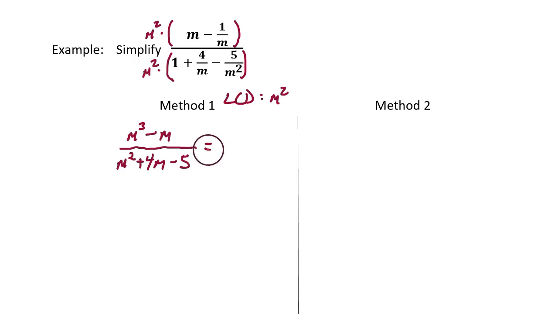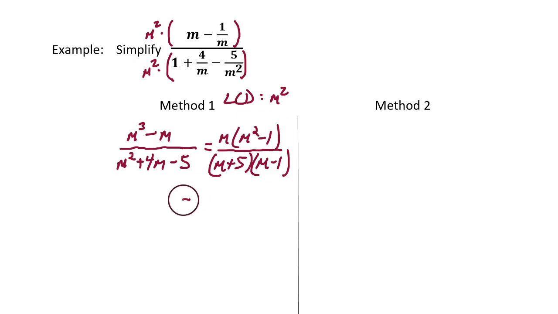Now factor. This makes m times m squared minus 1. The trinomial in the bottom will factor as m plus 5 times m minus 1. The m squared minus 1 is a difference of squares, and it factors as m plus 1 times m minus 1.